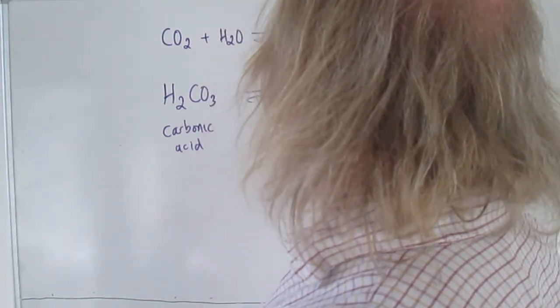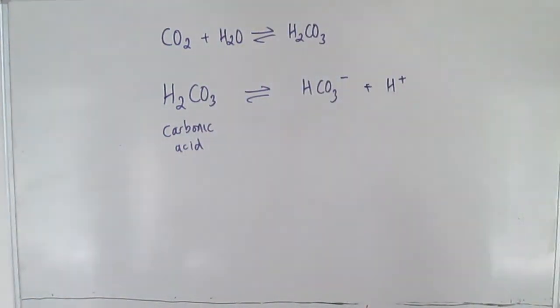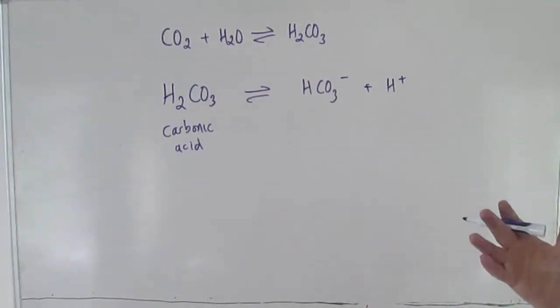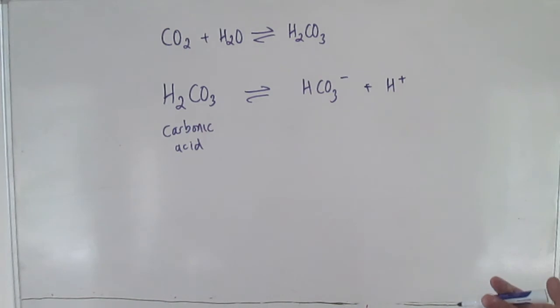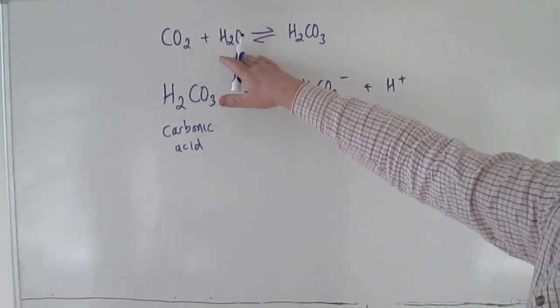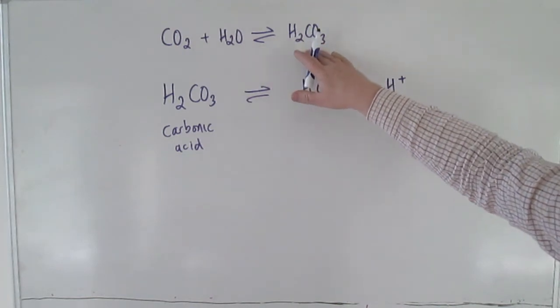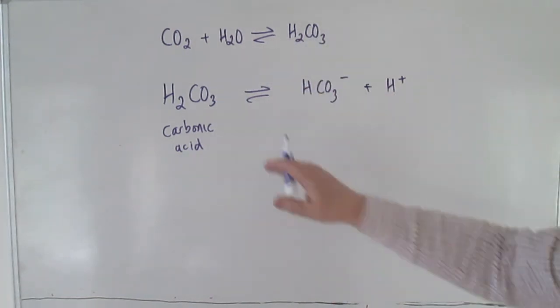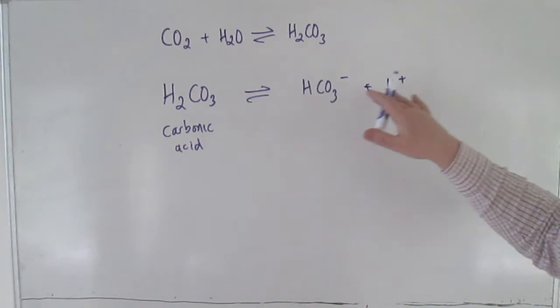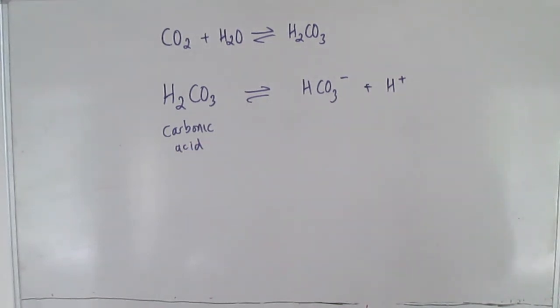Okay, so the reason that you have carbonic acid in the blood is that you're constantly producing CO2 through respiration, and that's carried around dissolved in the blood, and it reacts reversibly with the water, so some of it gets converted into carbonic acid and some of that in turn ionizes. So how does this work as a buffer?